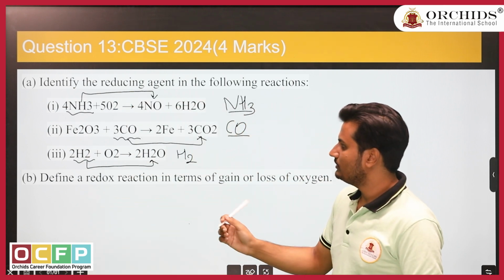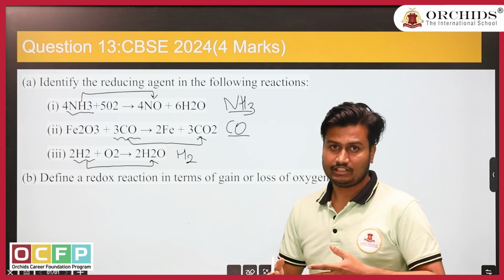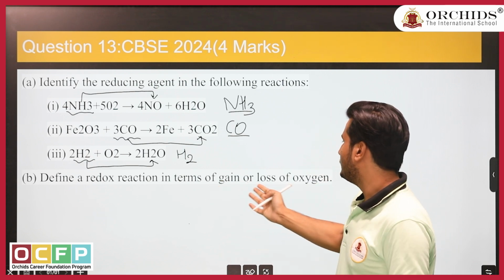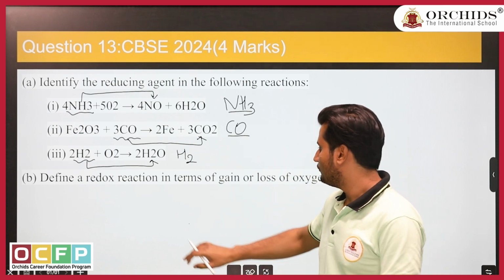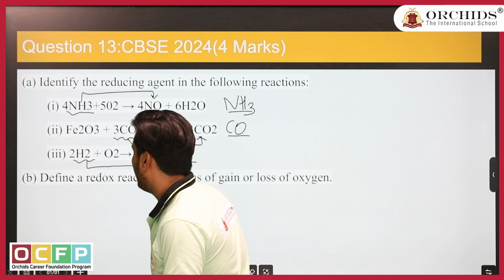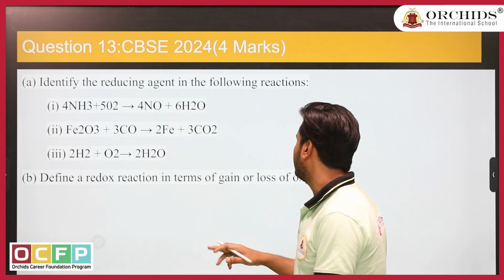Coming to the second part, they are asking to define a redox reaction in terms of gain or loss of oxygen. Just now we have seen how we define a redox reaction in terms of gain or loss of oxygen.